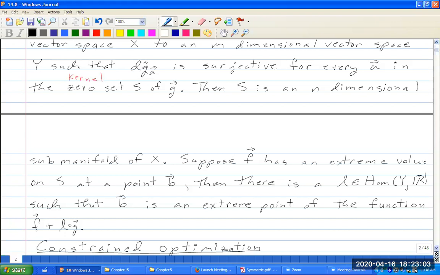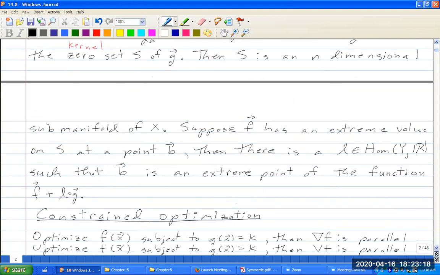And so if I look at the matrix representation, this will actually be some F plus L times G, if I call those their matrix representations.